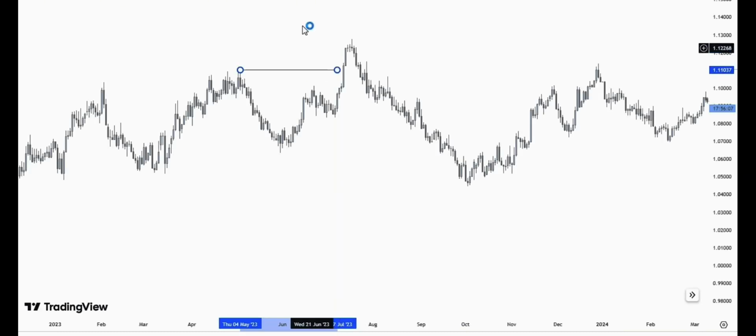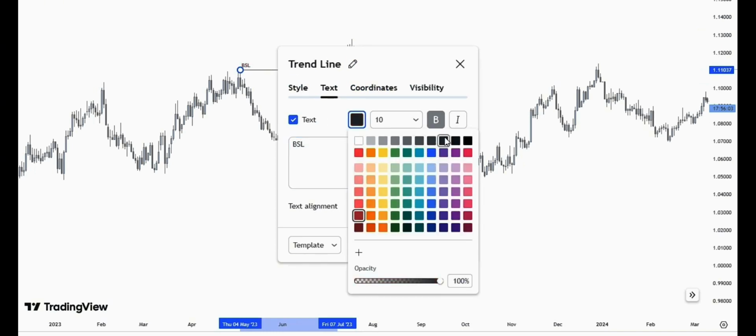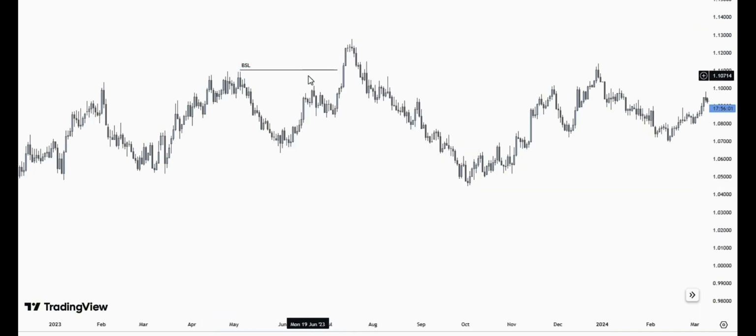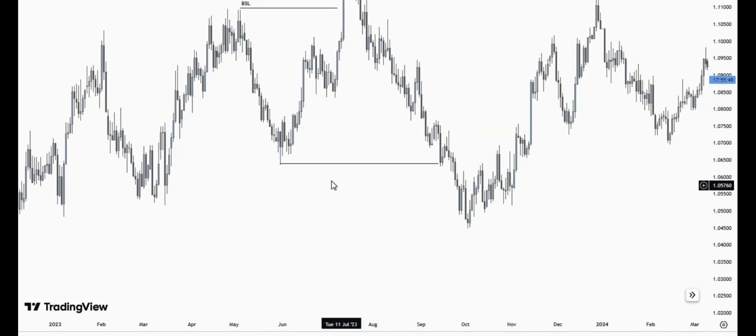Okay, so this is our buy side liquidity taken, and let's say we are expecting price to go lower, expecting price to go to this weekly low.